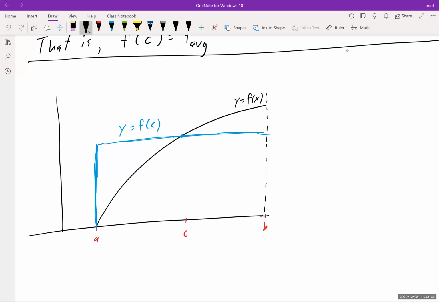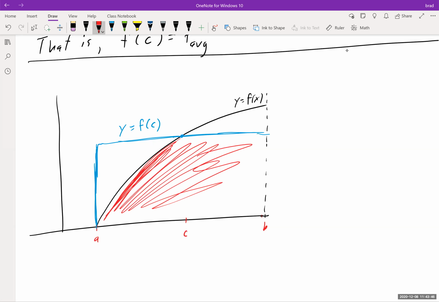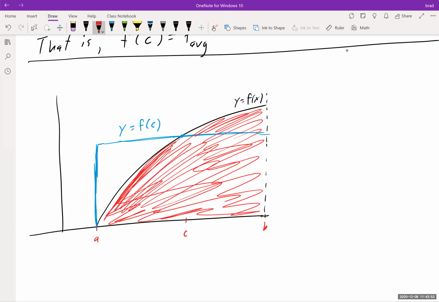Okay, so let me kind of get my bearings on this real quick. So what this is saying is, so here's the thing. We have this area here, right? We have this area here under this whole curve. We have this area under the curve like this, okay?